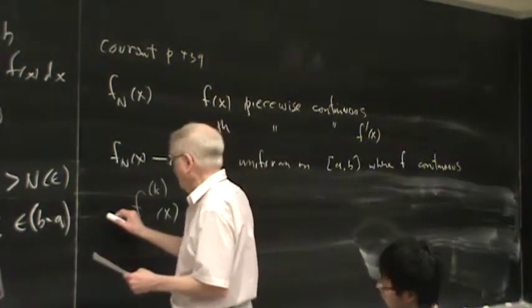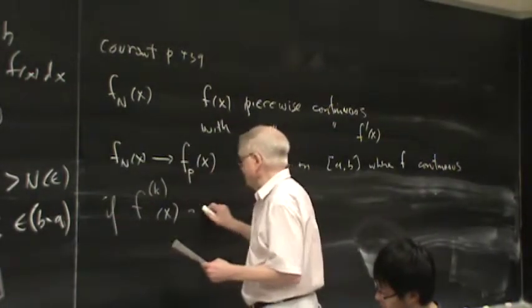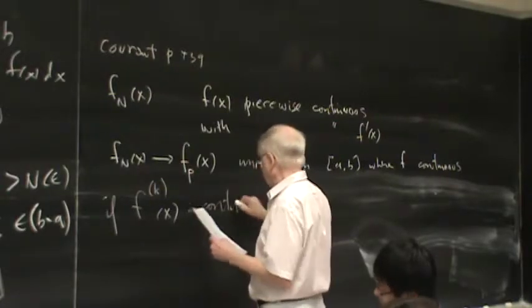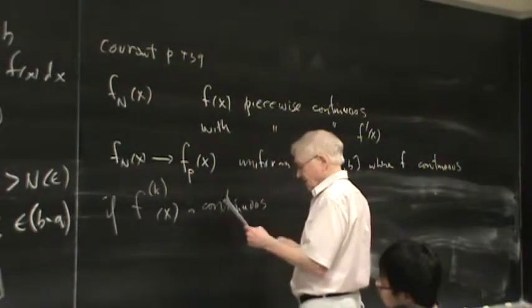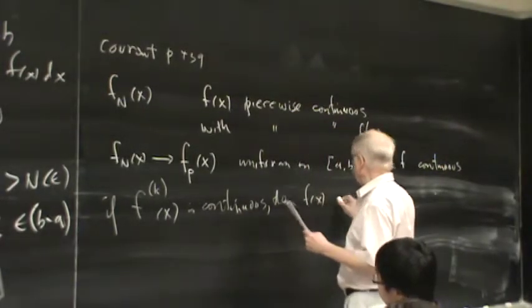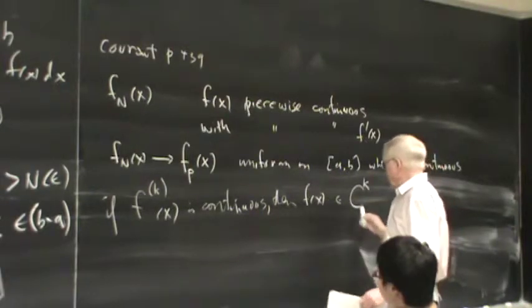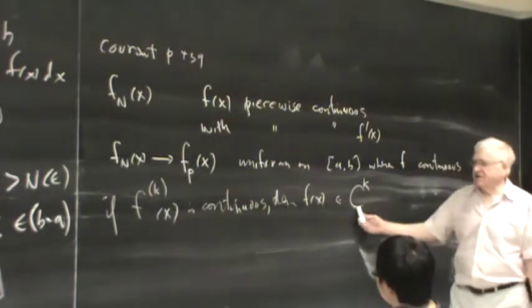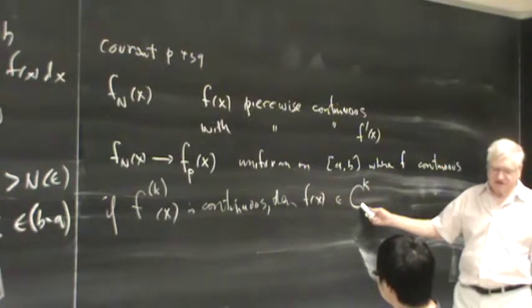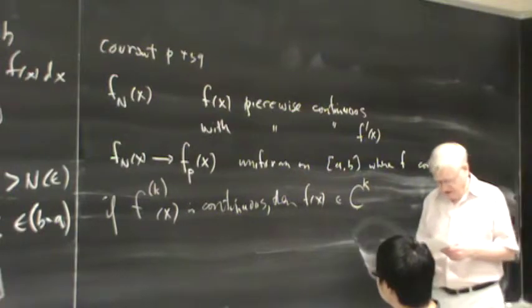If f of k is continuous, then f of x is in class Ck. So Ck means that they're functions that are continuous, that have k continuous derivatives.